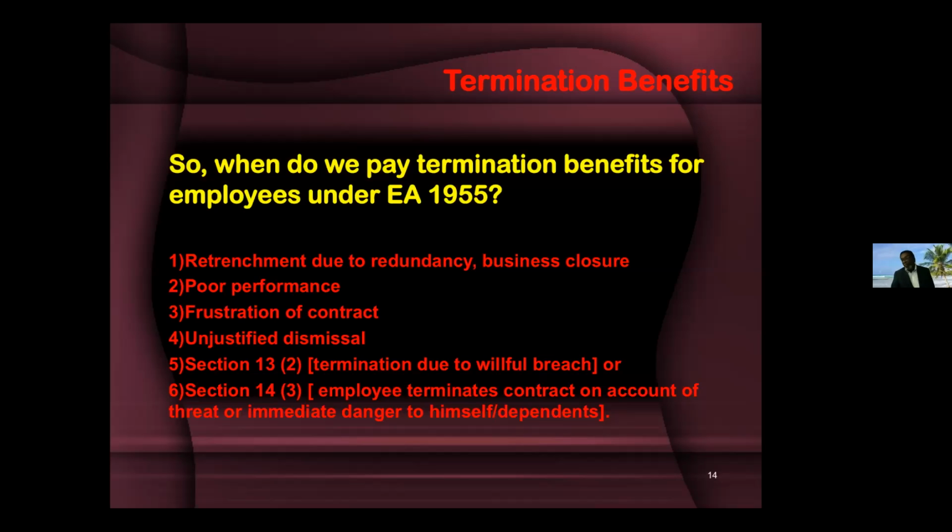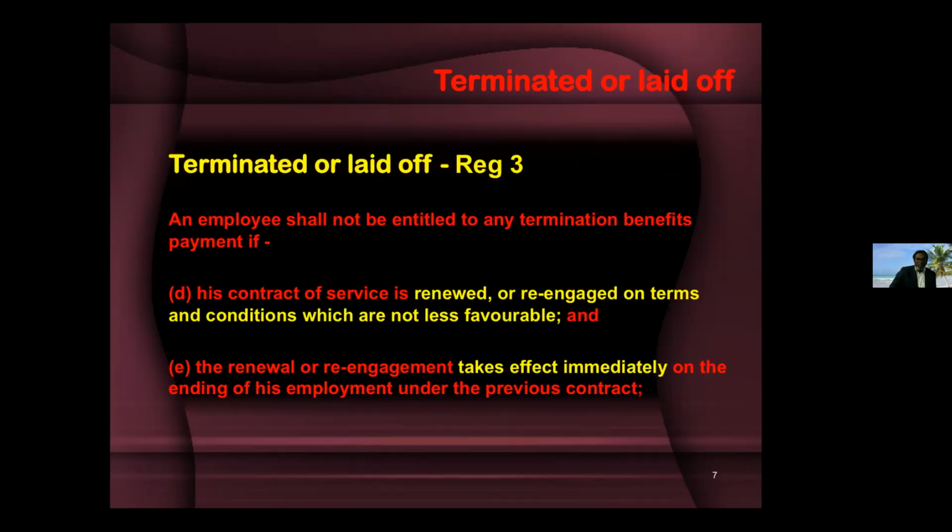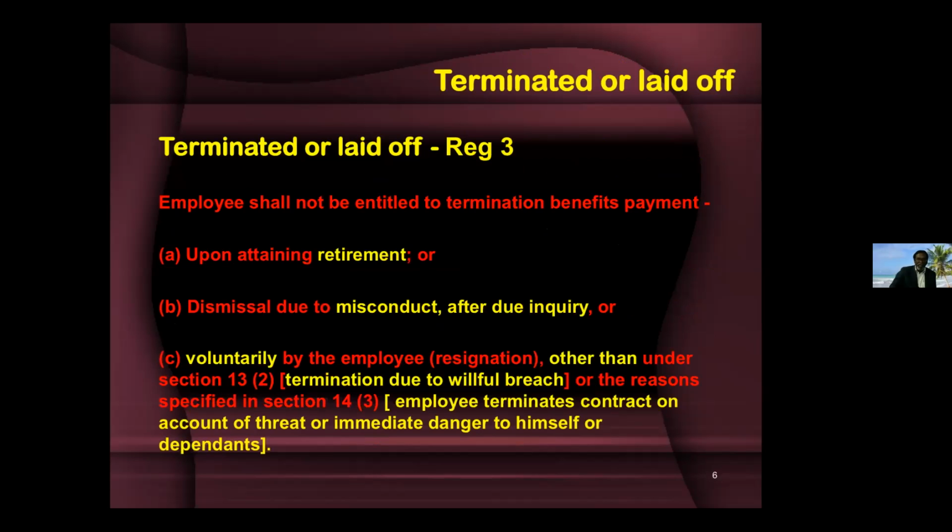Number two, poor performance. Okay, poor performance is an issue, because you see, end of the day, poor performance is not a misconduct, and poor performance, in actual fact, definitely does not come under the areas which we mentioned just now. It does not come under Regulation 3, whereby employees shall not be entitled to termination. It is outside Regulation 3.